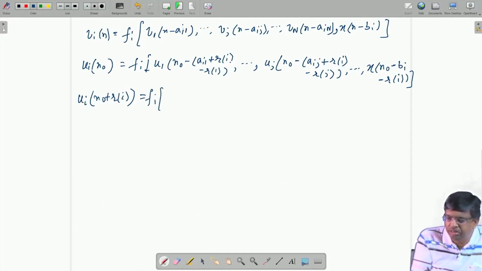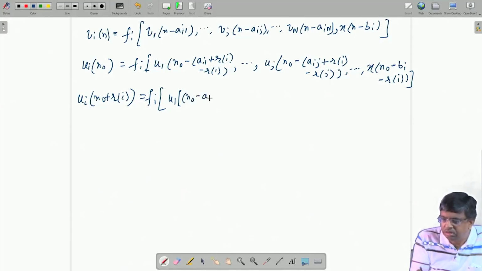So, we will be left with U1 remaining. The remaining part I write this way: n naught minus Ai1, in a bracket, r(i) is already cancelled out, and minus minus plus of r(1).